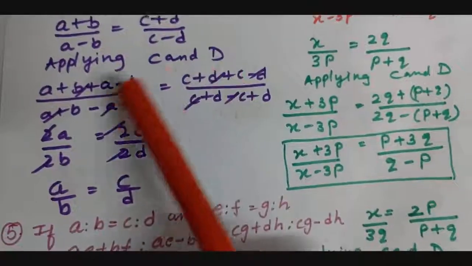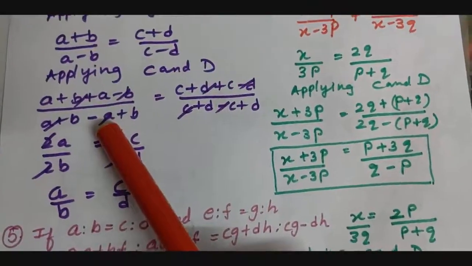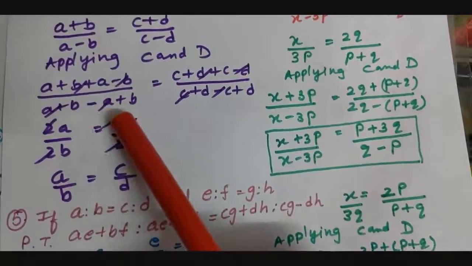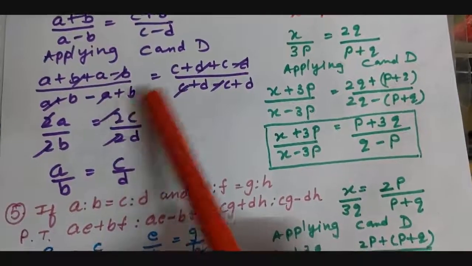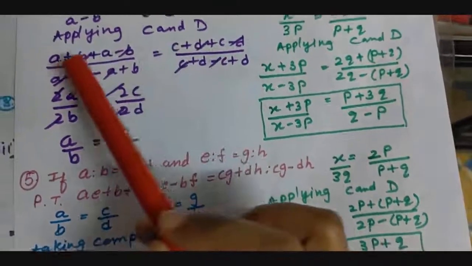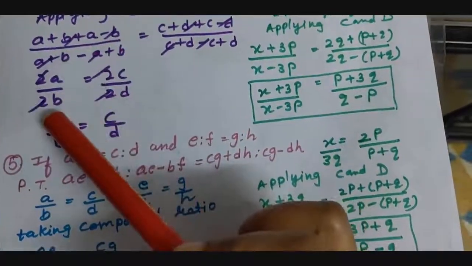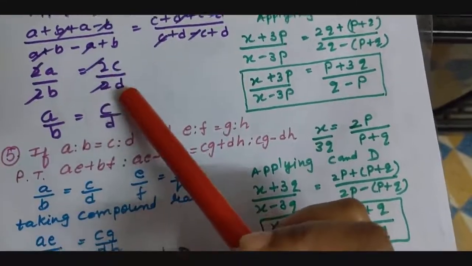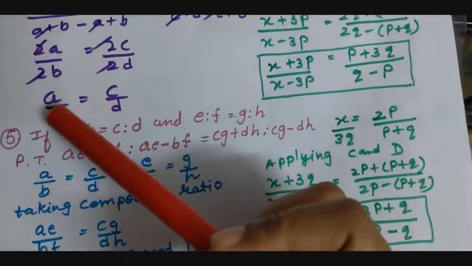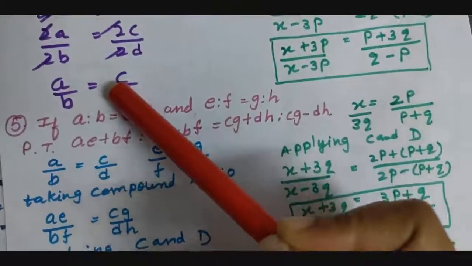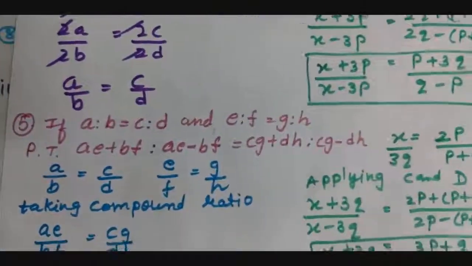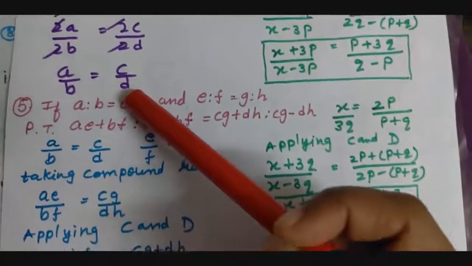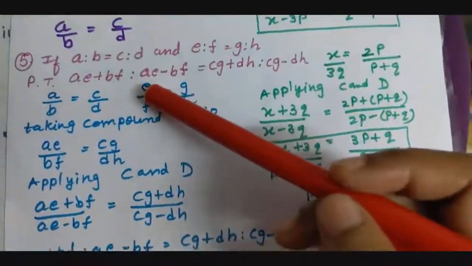Now I take componendo and dividendo, that you can see here numerator plus denominator, numerator minus denominator, both the sides. So I am left with 2a and denominator 2b, 2c upon 2d. Now 2 cancelled from both the sides, so a upon b is equal to c upon d, which is our required result. Next question number 5.